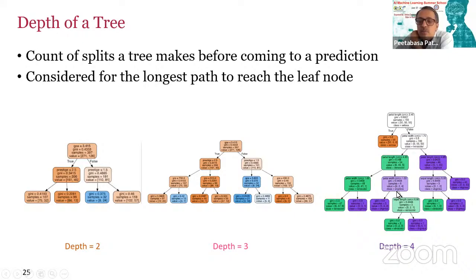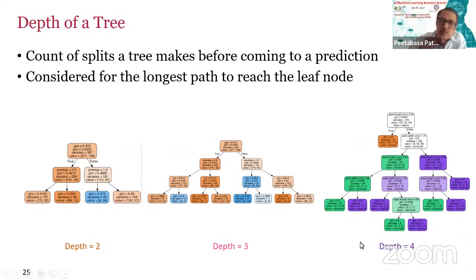But the leaf node with the longest path has number of splits 1, 2, 3, 4. So this is basically a depth 4 tree. From the root of the tree to the leaf, we measure the longest distance, and that is the depth.